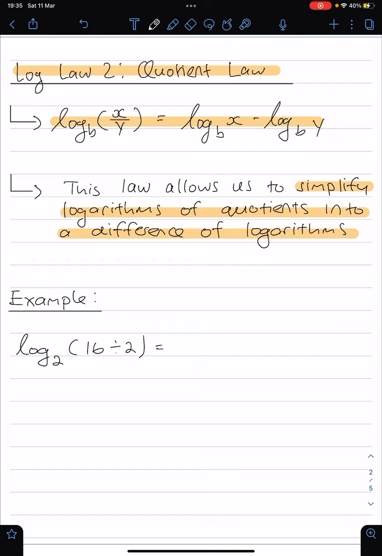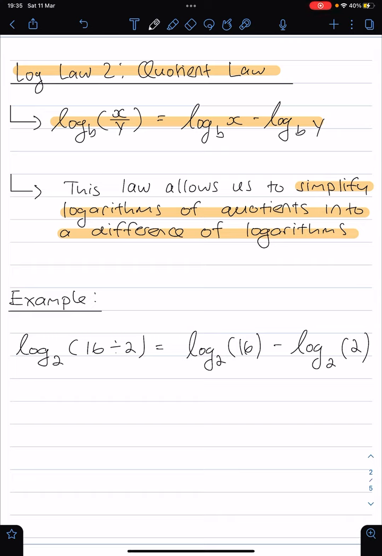Here we've got an example. Log 2 (16 divided by 2). We can expand this to be as such: log 2 of 16 minus log 2 of 2.